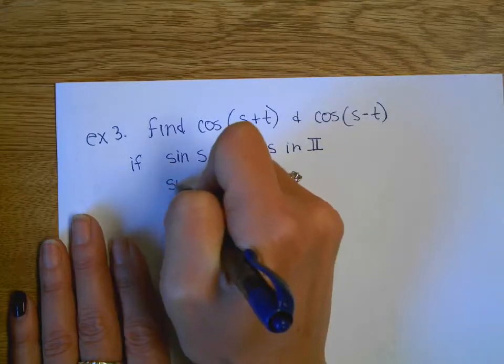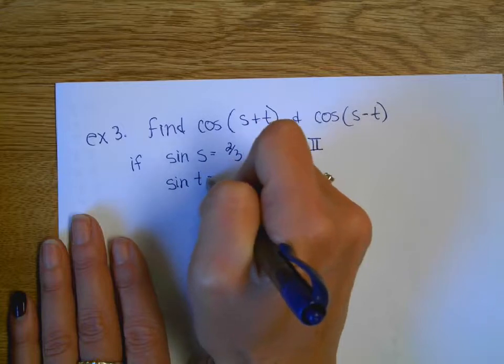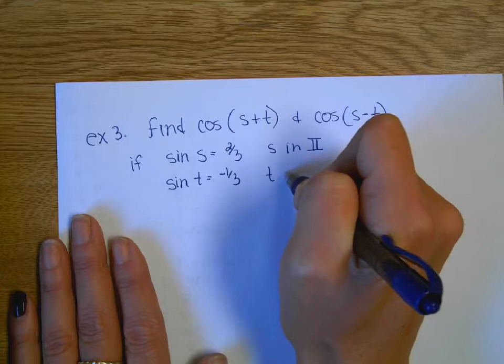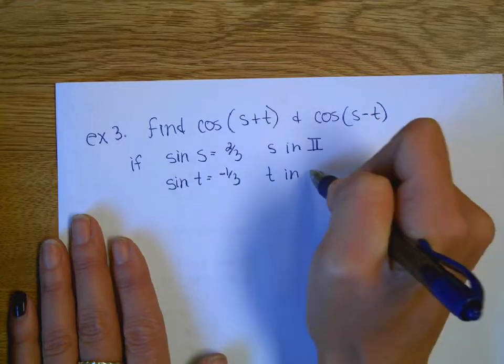I also know that the sine of t equals -1/3 and t is in quadrant 4.